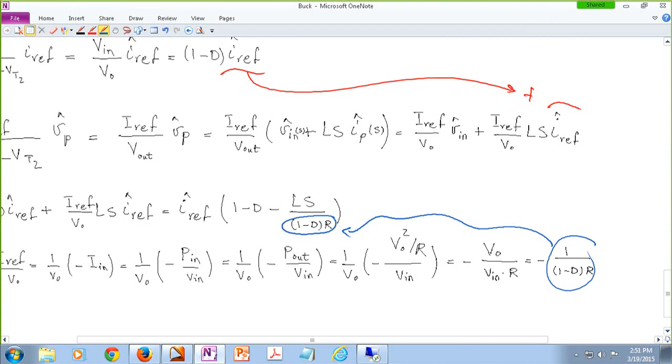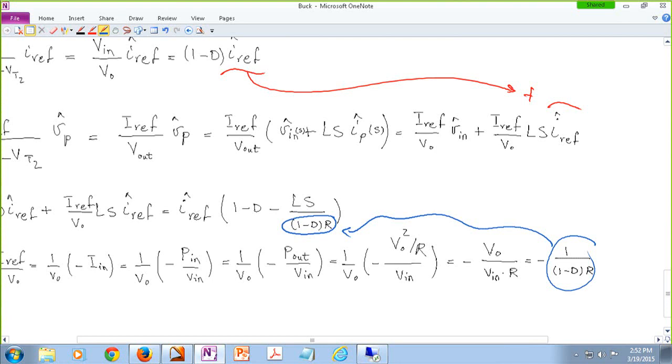Okay, so I kind of did this. Is there anything else that we haven't done? Vin times. So the 1 minus D should be in parentheses then? What do you mean in parentheses? Up next to the blue one, the 1 minus D minus L. Yeah, they're just subtracted from each other, yeah. So this is 1 minus D minus. Sorry, that was dumb.